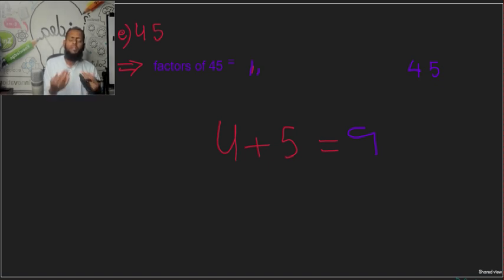If your sum is in the table of 3, then we say this is divisible by 3. Otherwise, we say it is not divisible by 3. Is it clear? So 9 is in the table of 3. So we can say that 45 can be divided by 3. It is clear?